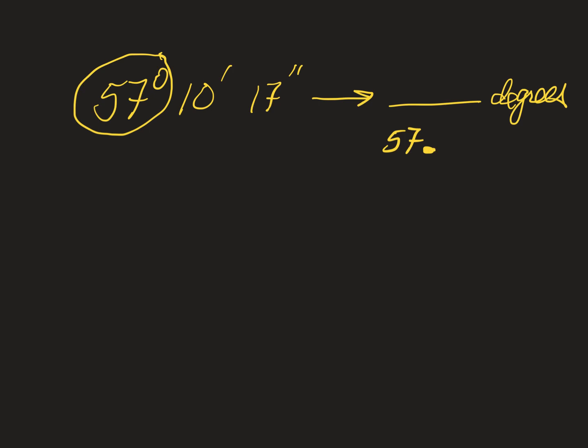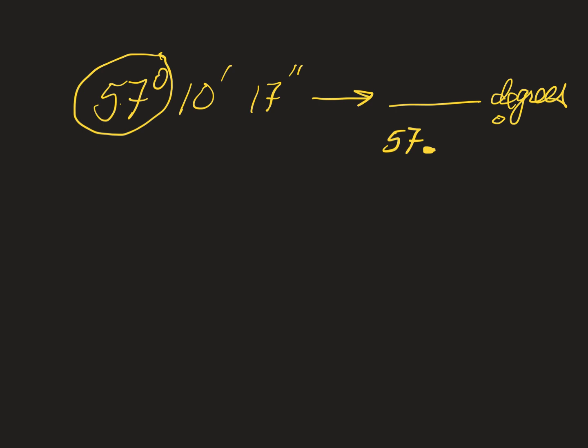Alrighty. So we have 57 degrees, 10 minutes, 17 seconds, and we want to convert that to however many degrees we have. And we have 57 degrees, so the 57 is in front of the decimal point. That means the 10 minutes and 17 seconds create the decimal part.